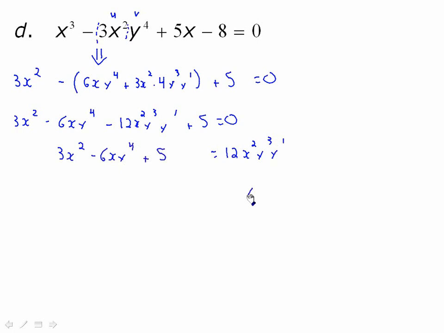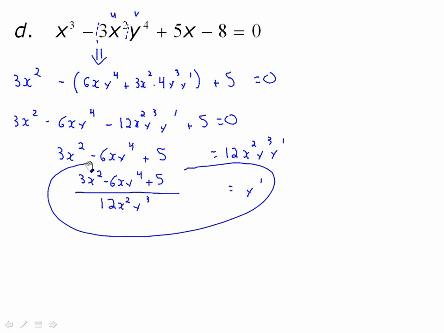So when we divide, we'll get y prime is equal to 3x squared minus 6xy to the 4 plus 5, divided by 12x squared y cubed. And of course you would take a look to see whether you have any factors, anything you can do at the top. There are no common factors to take out, so nothing that you can divide from the top and the bottom. So that's basically it.